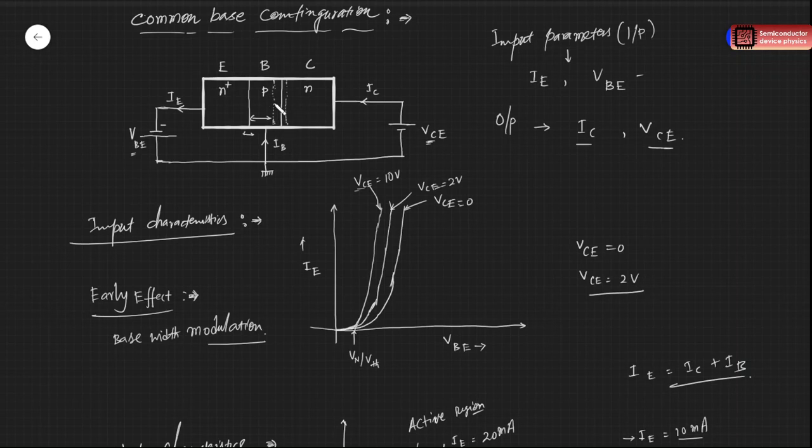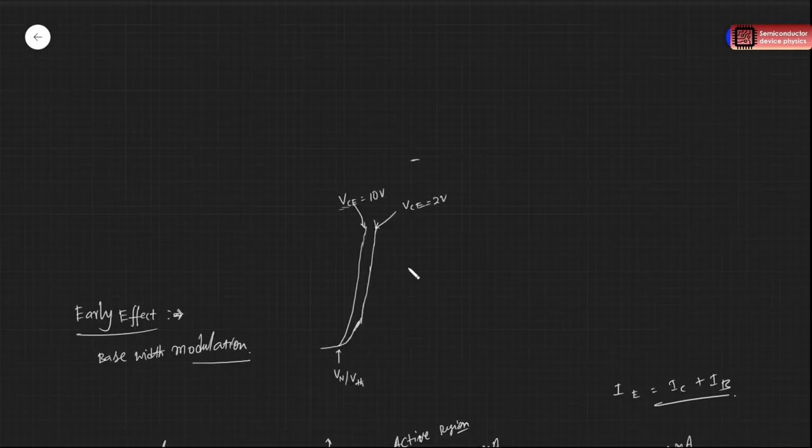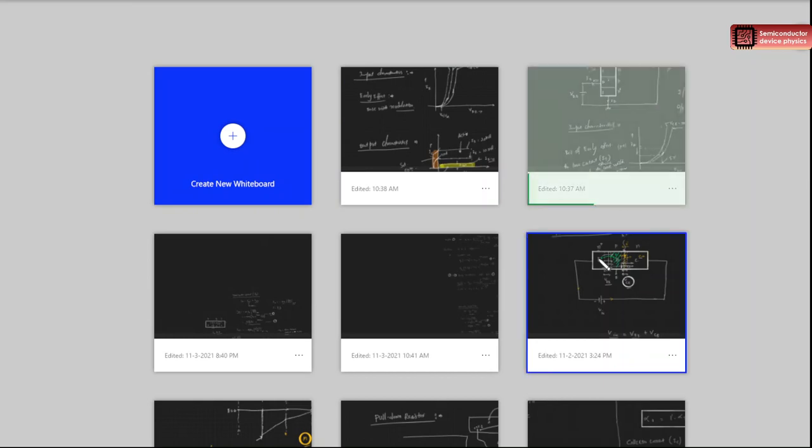The concentration gradient is more, and the probability of recombination has reduced in the base, so obviously our emitter current will increase, and the base current will decrease here also. But in the common emitter we are plotting the base current, so that's why it is reflected here, and we see that base current is reducing in common emitter.